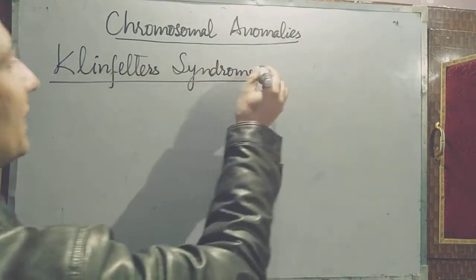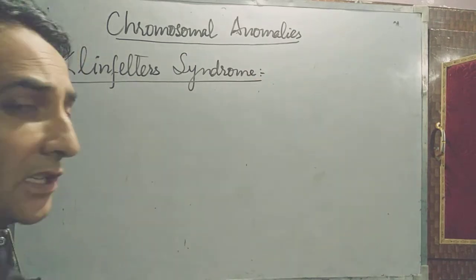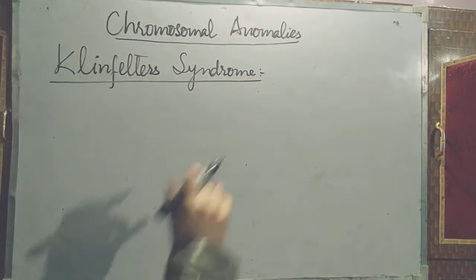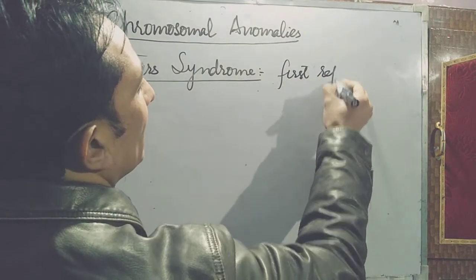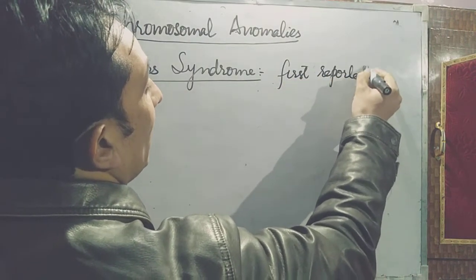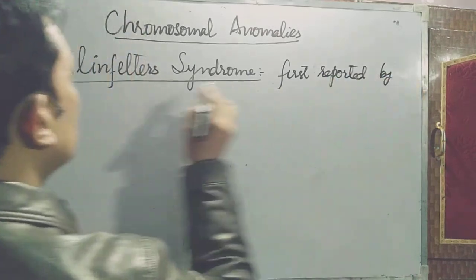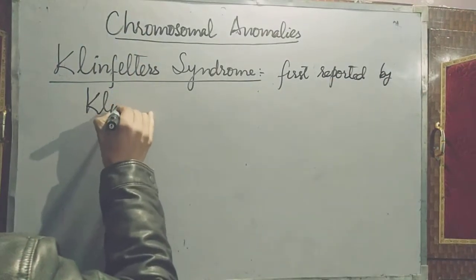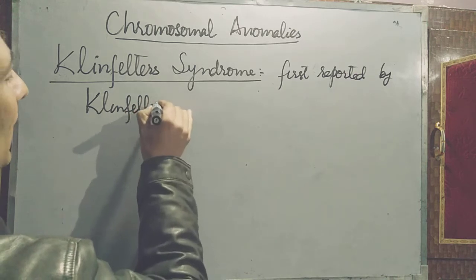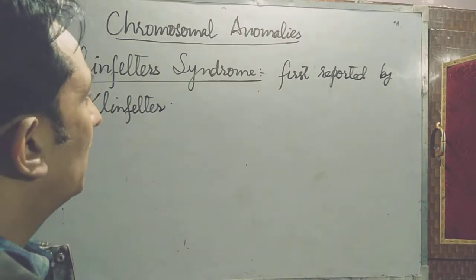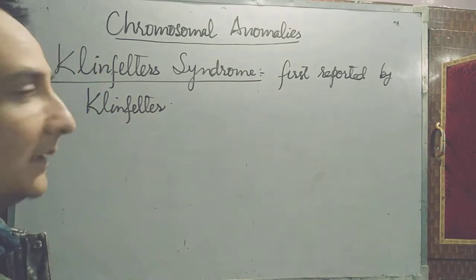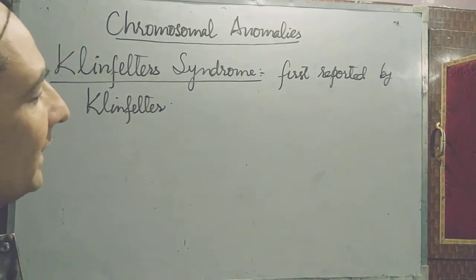As from the title, it is obvious that this disorder was first reported by Klinefelter. This condition was first reported by Klinefelter. That is why this condition is known as the Klinefelter's syndrome. So this was first reported by Klinefelter. Now what happens in this very condition?